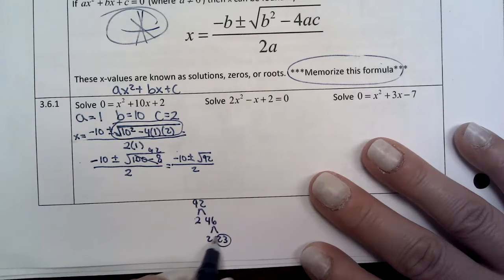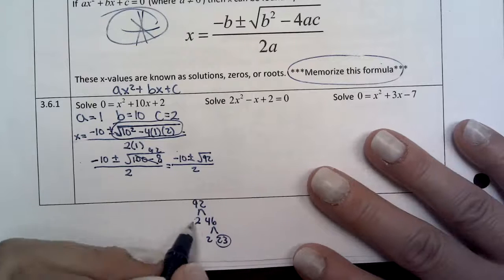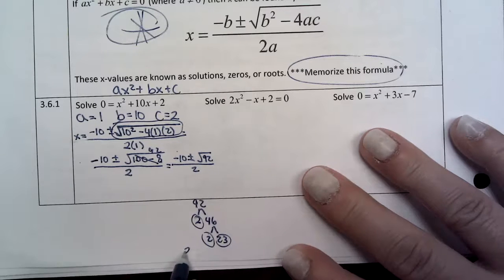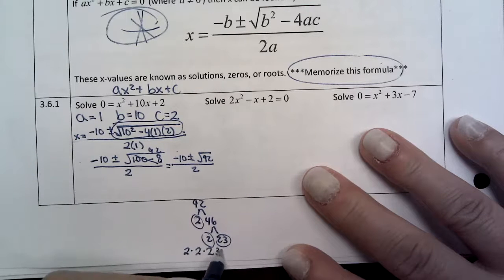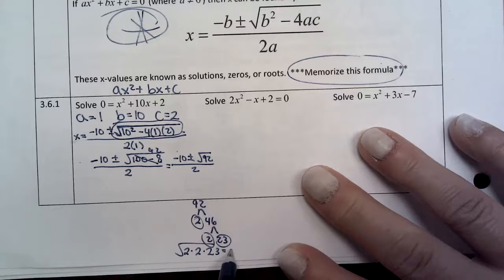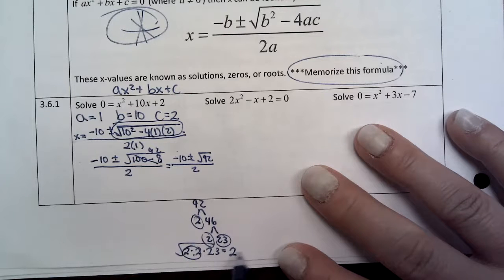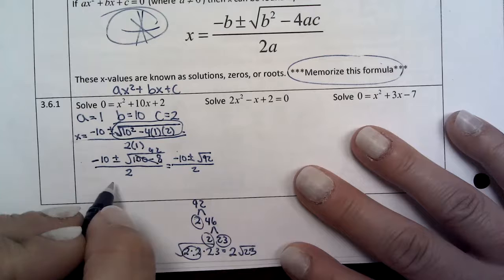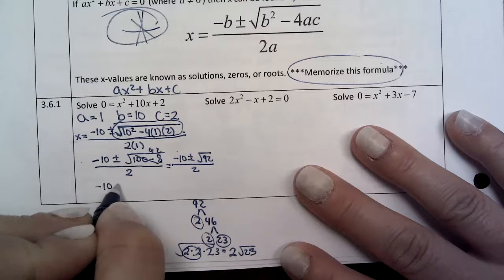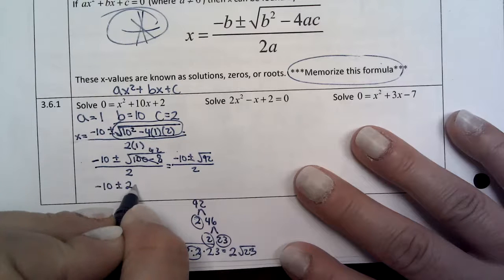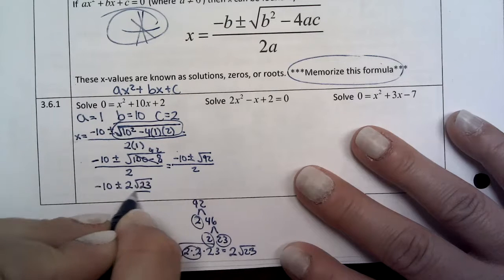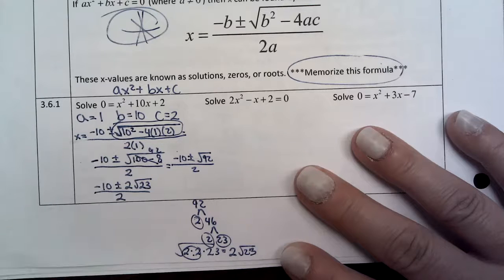Okay, and then 23 is a prime number. Okay, so we have 2, 2, and 23. So 2 times 2 times 23 under the radical, which really means 2, that pair comes out, and the square root of 23. Okay, so now we're going to have negative 10 plus or minus 2 times the square root of 23 all over 2.